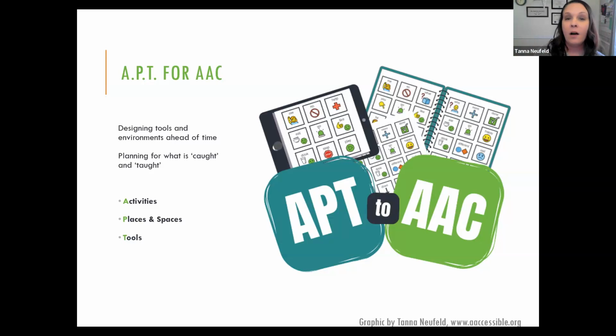Some of them are definitely going to be caught by natural chance, especially when you get that glimmer in the child's eye and you catch the right word at the right moment and they're able to watch you and watch the AAC system. Some of them are going to be caught for sure. But sometimes we also need to be a little more intentional and actually teach the word, the concept, or the skill that we are working on.